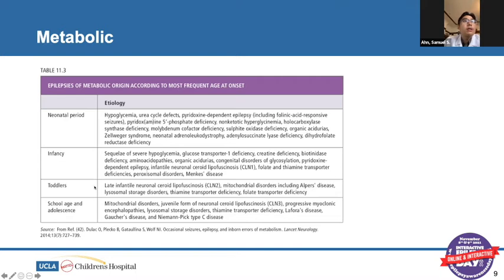For example, glucose transporter 1 deficiency or GLUT1 deficiency is a mutation in which basically the brain is not able to utilize glucose or sugars in the same way as the rest of the body. But one of the most important treatments for a GLUT1 transporter deficiency is a ketogenic diet rather than anti-seizure medications. So again, understanding the cause for the epilepsy may inform the treatment.